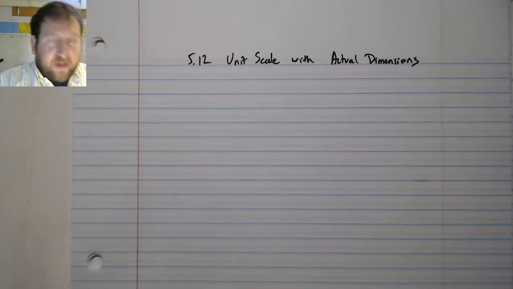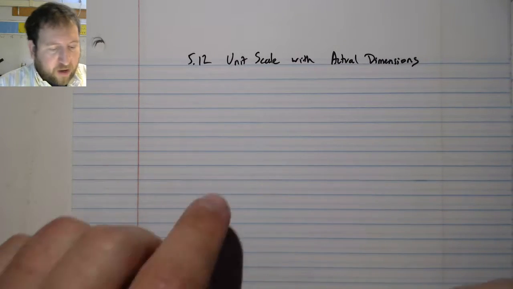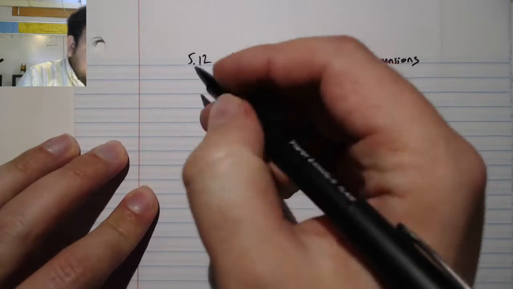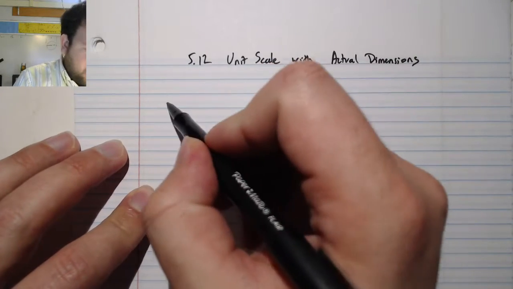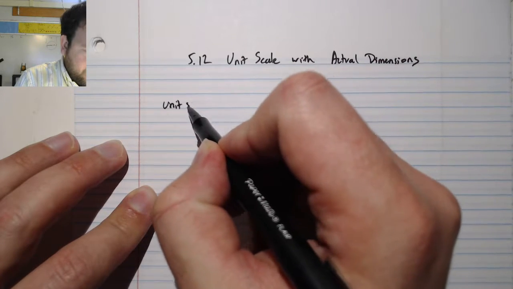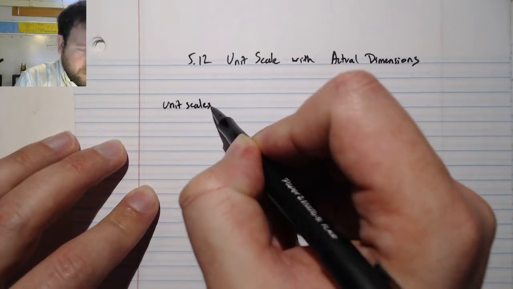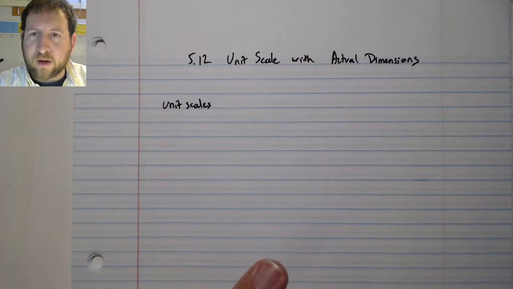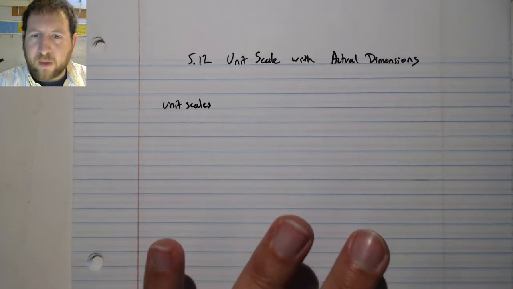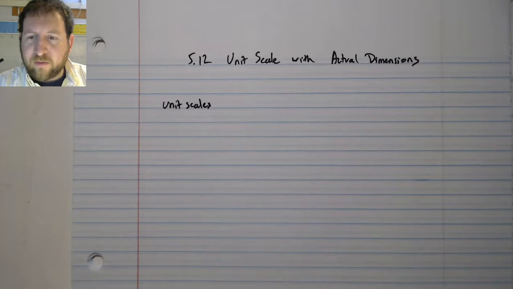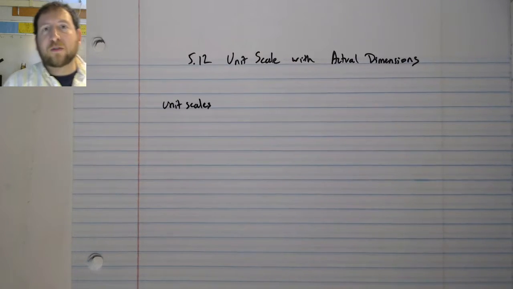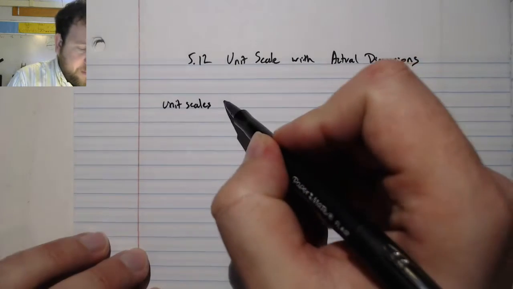So we're going to continue talking about those unit scales like we did last time. And remember, those unit scales are the same thing that we talked about before, and this gives us a ratio that gives two things equal to another, and they're typically used on those maps, right?